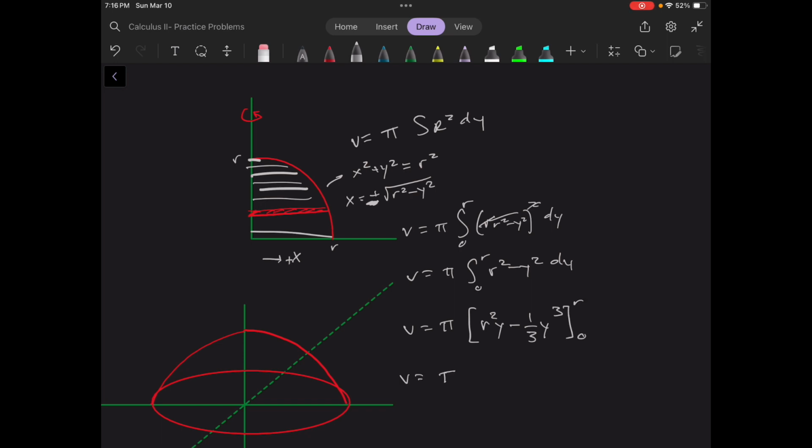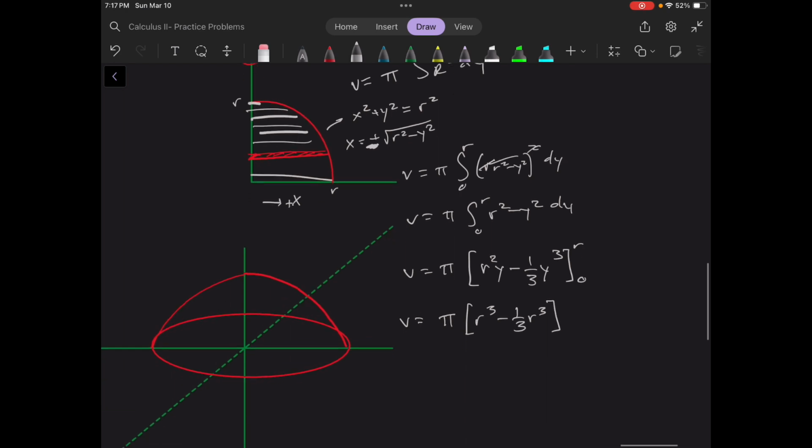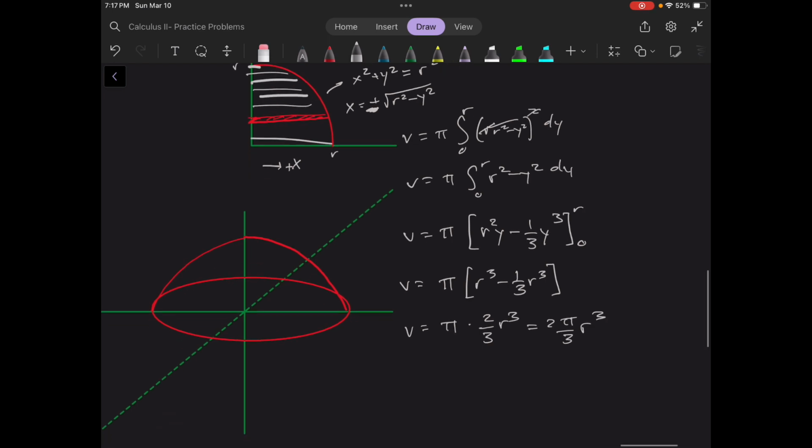So volume equals pi r cubed minus 1/3 r cubed, which is 2/3 r cubed. So we have 2 pi over 3 r cubed. This is the volume of a hemisphere. So if you want to find the volume of an entire sphere, just multiply by 2 to get 4/3 pi r cubed. This is the volume of a sphere.